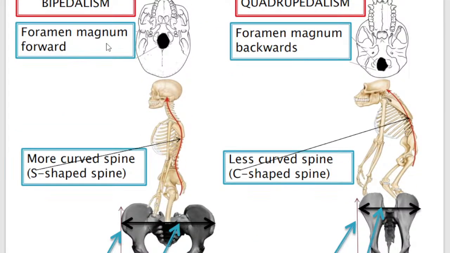What are some of the differences between bipedalism and quadrupedalism? Is there any difference? Yes, I hope so. Those which are able to walk on four limbs, what special feature do they have?